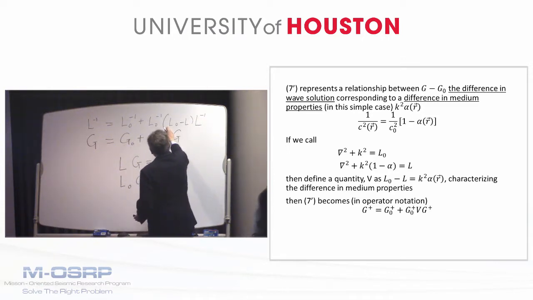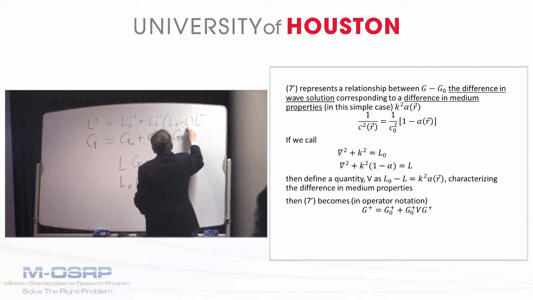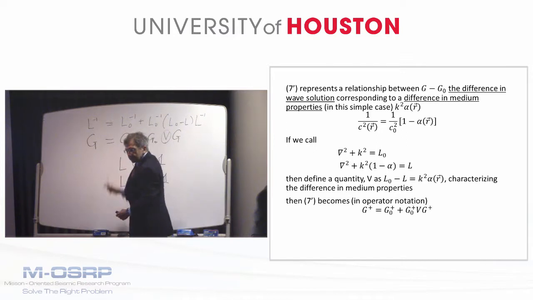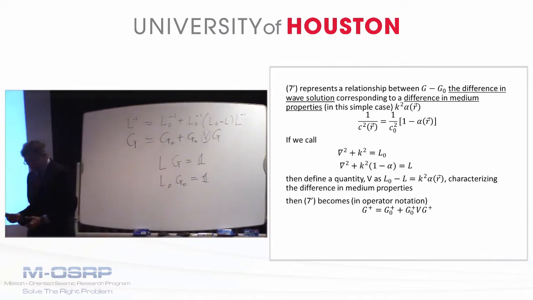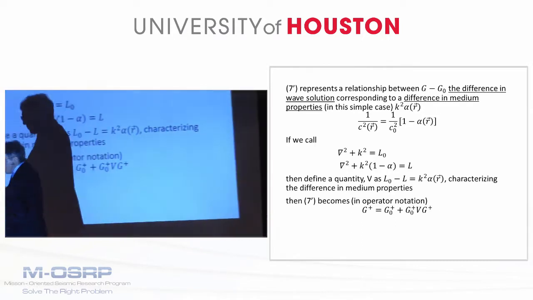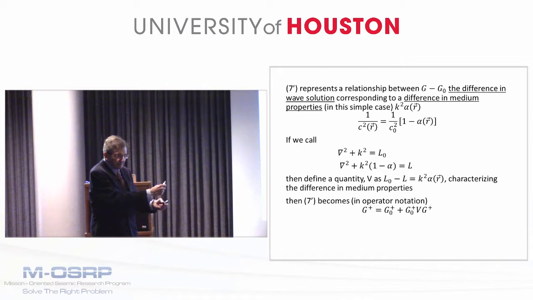This times this is 1, this is that. This times that is 1 minus, it's over. Clear? That's the operator. Or you could go back to your acoustic case that we just did, where we had G0 plus, you know, all that.